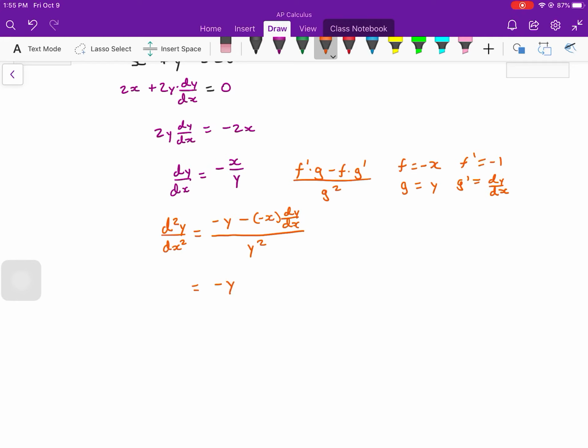So simplify, it's -y plus x. And then what we have though is this dy dx that we've got to deal with. So in for that, I'm going to go ahead and put, dy dx is -x over y, right? Let me actually put that in purple. There we go.